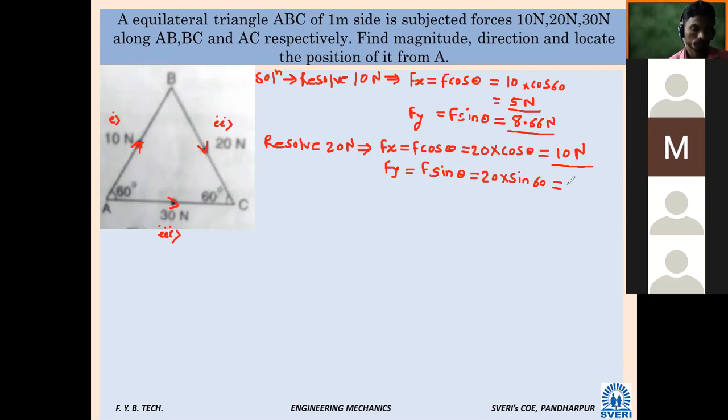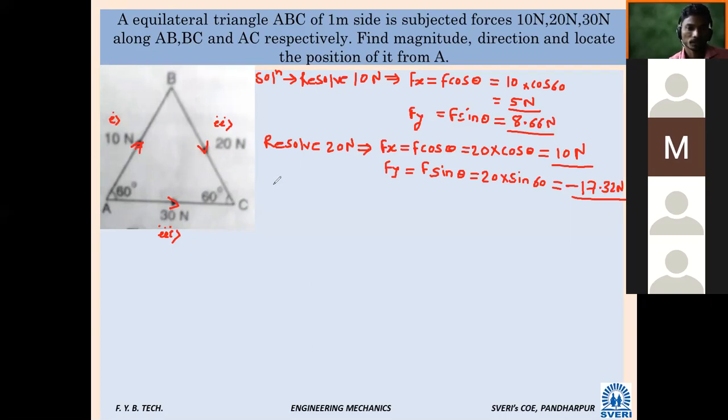Positive or negative? Negative. We have to think again and again: is it going towards the positive y-axis or negative y-axis? Negative y-axis. So negative 17.32 Newton.